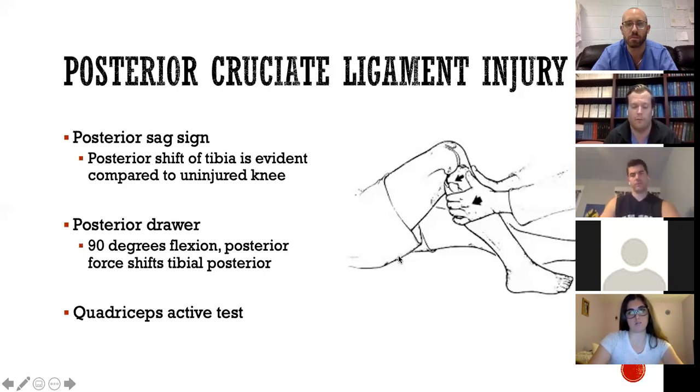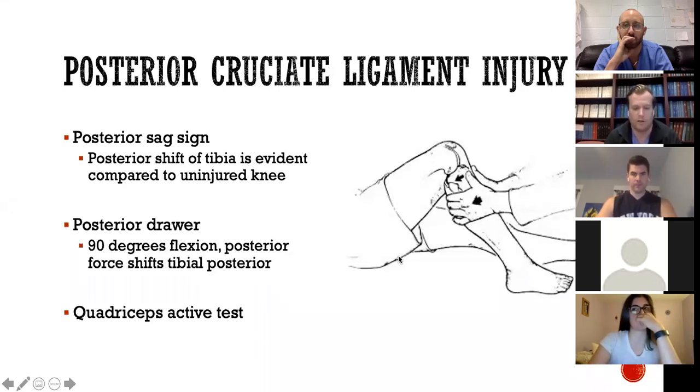But if you feel a firm endpoint, which gets back to Joe Ippolito's question earlier, you know that the ACL is intact. You have to be careful that you're not getting tricked by an initially subluxed posterior tibia in relation to the femur, where that anterior translation is actually just from the knee reducing itself rather than pathologic anterior translation of the tibia.